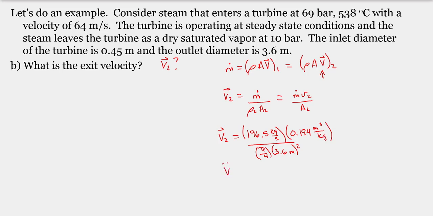And we go through and determine that the velocity at the exit is 3.75 meters per second. And again, the kilograms here will cancel, meters squared canceled with cubed, leaving me, again, these units. So the system helps me by confirming that I checked my units and that's correct.